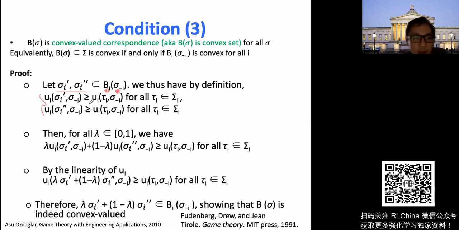Adding them together and making use of the linearity of the utility function, you can put this lambda into it, and therefore this also becomes a best response, so it is also part of this best response set. Therefore, it is indeed convex valued.